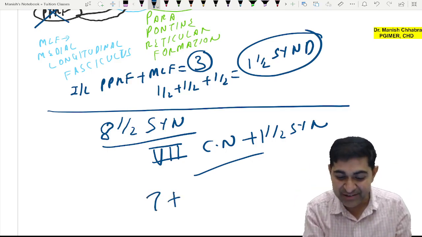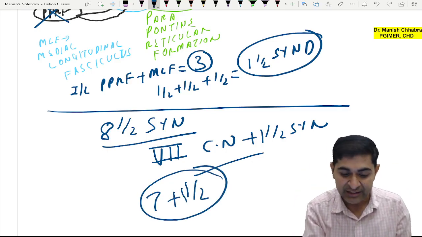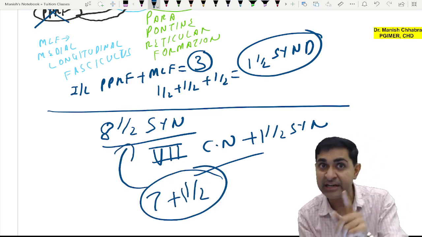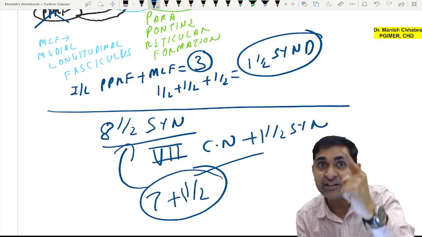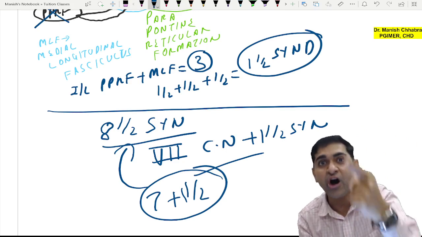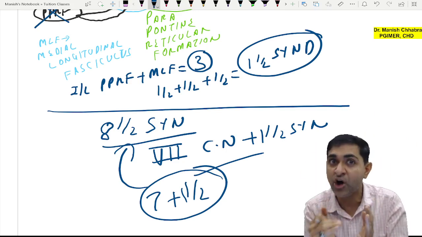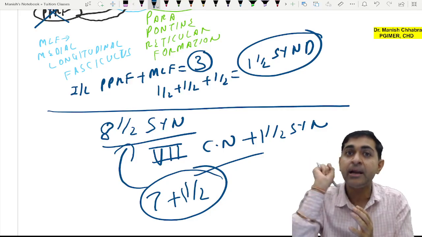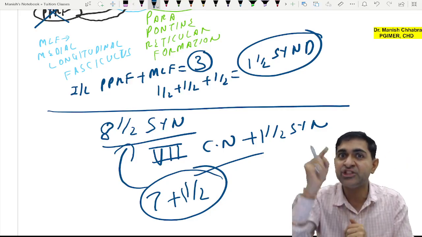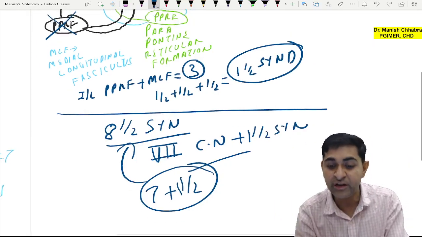So you do 7 plus 1.5. That is your 8.5 syndrome. That is involvement of the 7th cranial nerve, which is the facial nerve, along with 1.5 syndrome. That means along with the involvement of ipsilateral parapontine reticular formation and ipsilateral medial longitudinal fasciculus.